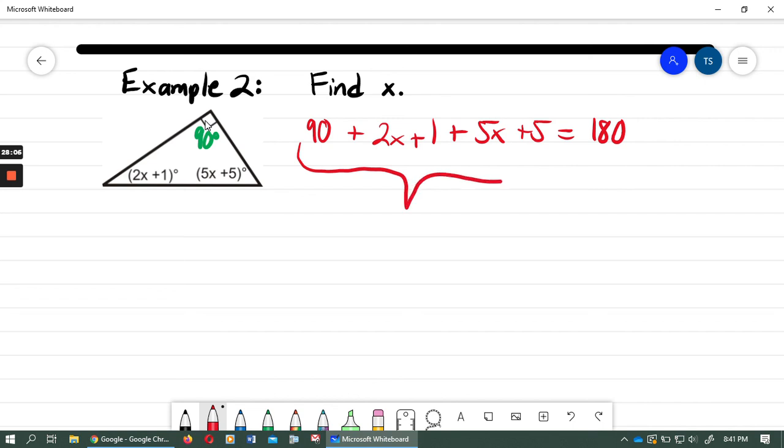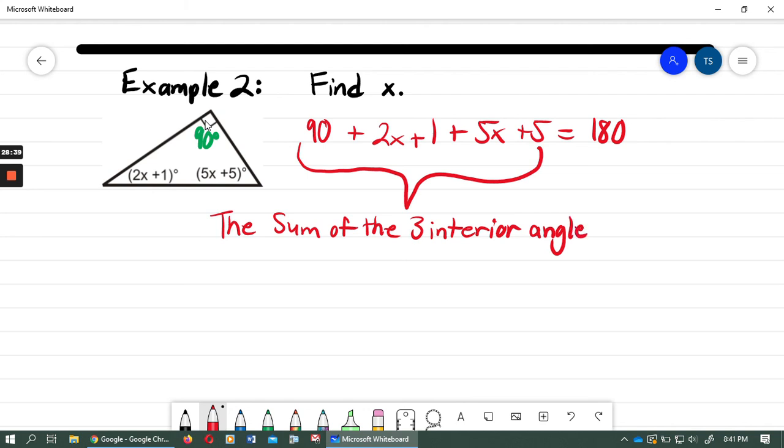So again, folks, I'm going to write it out one more time so nobody's confused. I don't think anybody should be confused, but just in case, I want to make sure you have a good understanding of the triangle angle sum theorem.